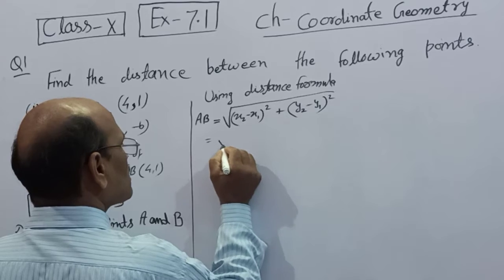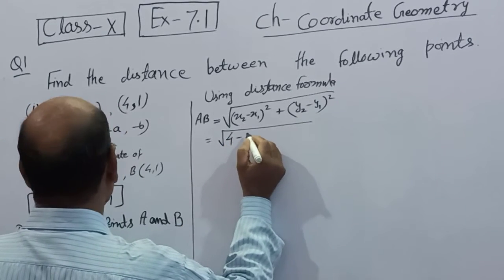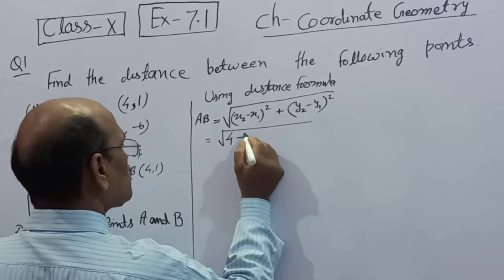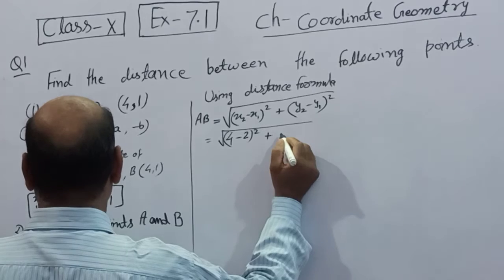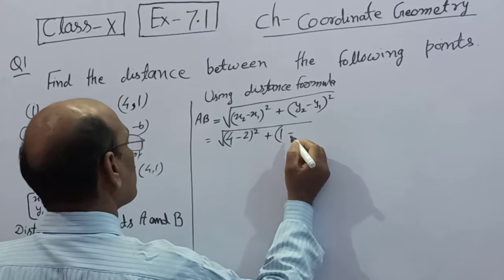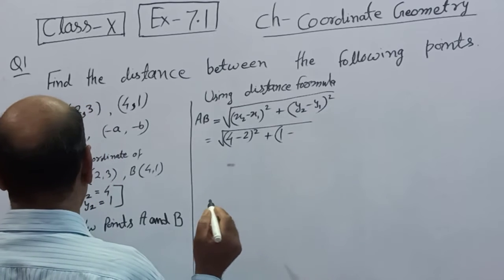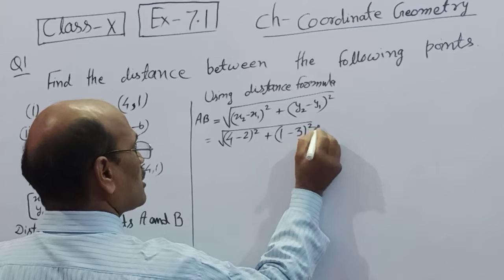Under root x2 here is 4 minus x1 is 2 whole square plus y2 is 1 minus y1 is 3 whole square.